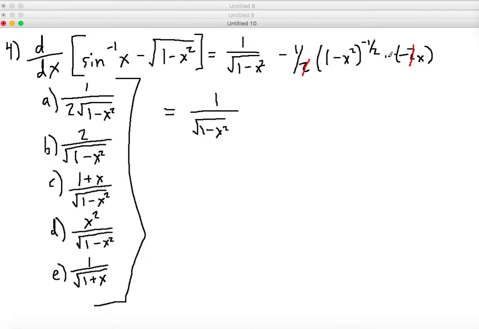I see that my negatives here will cancel, and that I will be left with 1 over the square root plus x over the same square root. Rather convenient, don't you think, that this problem gave us something that would have a common denominator? They go together quite nicely.